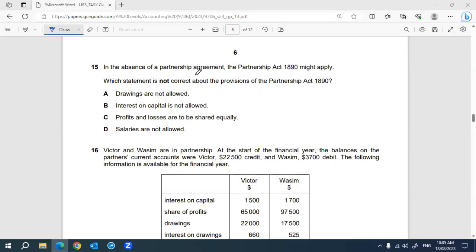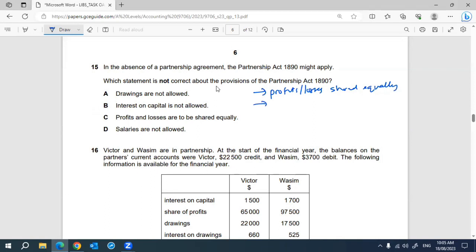In the absence of a partnership agreement, the Partnership Act 1890 might apply. So which statement is not correct about the provisions of the Partnership Act 1890? So in absence of a partnership agreement, only two things apply, and that would be profits or losses shared equally amongst the partners.